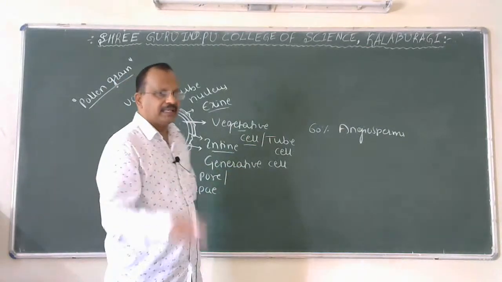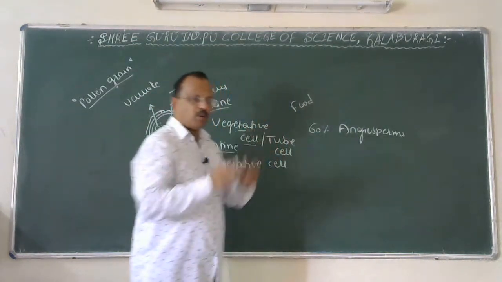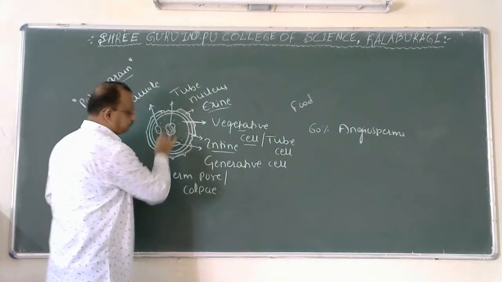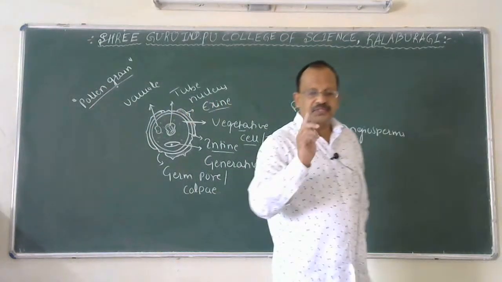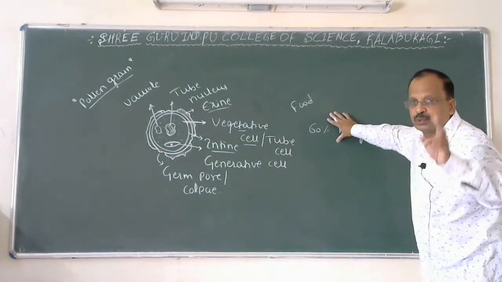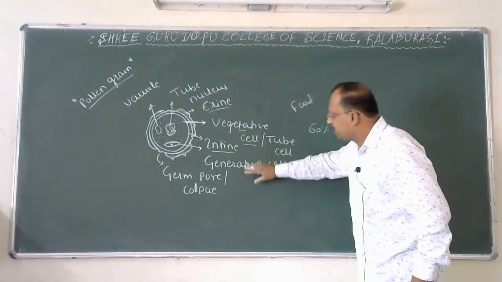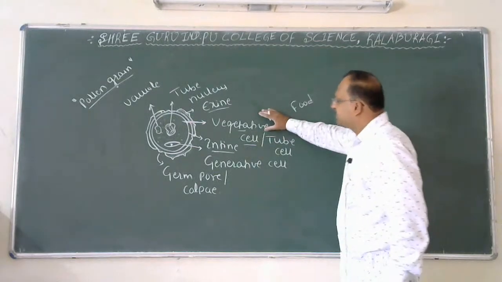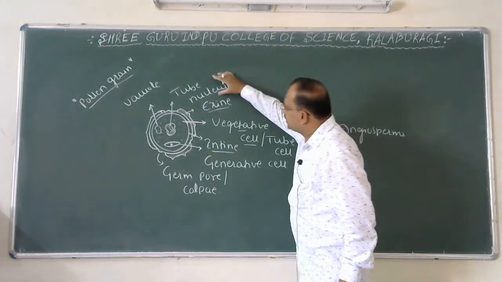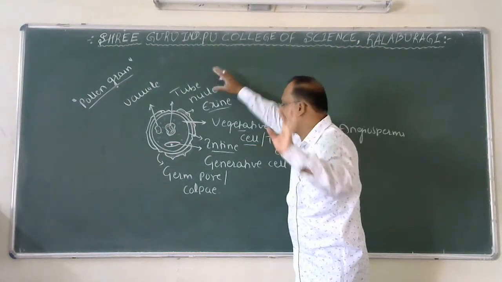The vegetative cell is having abundant food, more reserve food material, with an irregular shaped nucleus.